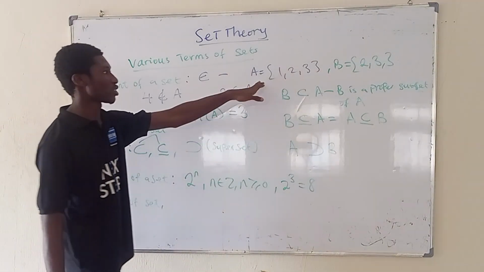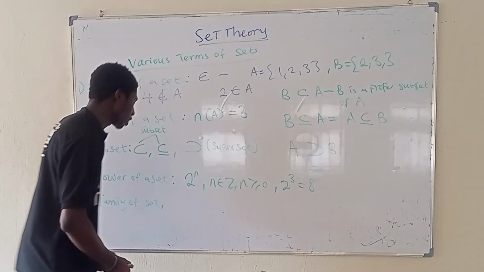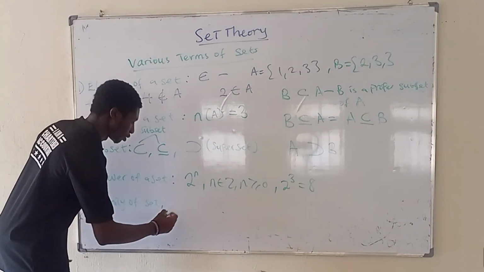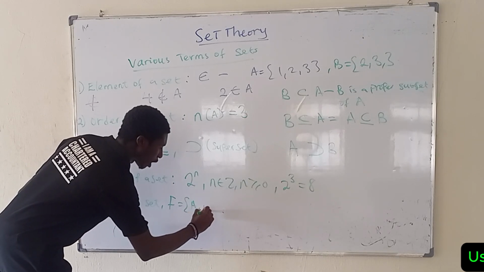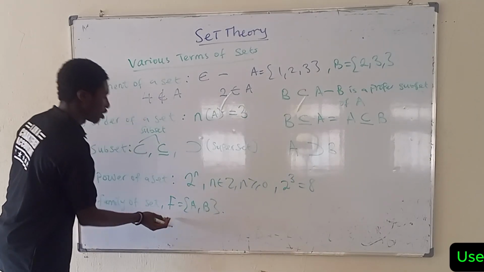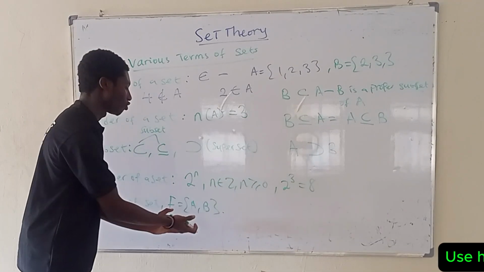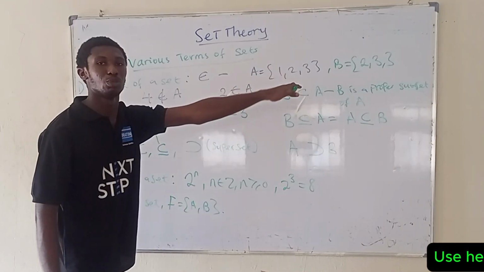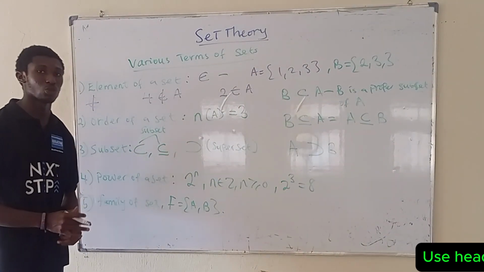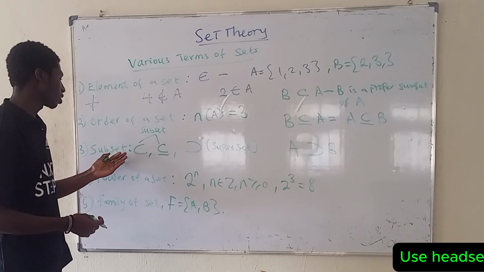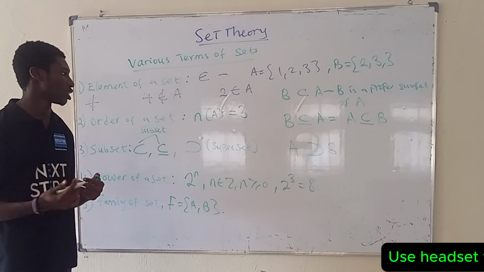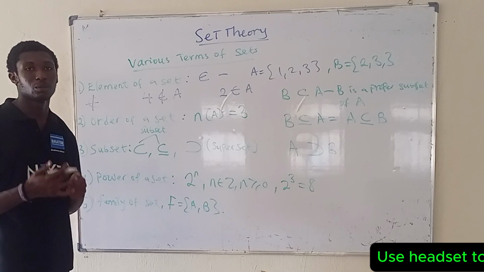So let's assume we have set A and set B. We can have another set F, which will be A, B. So F is the family or the collection of the sets A and B. And this is what family of sets means. So let's look at examples concerning subsets and power of the sets in order to understand them better.